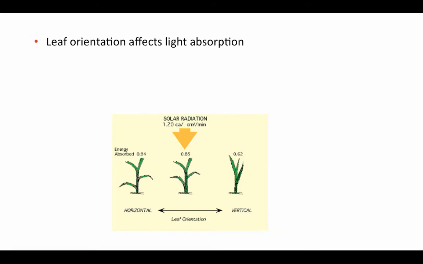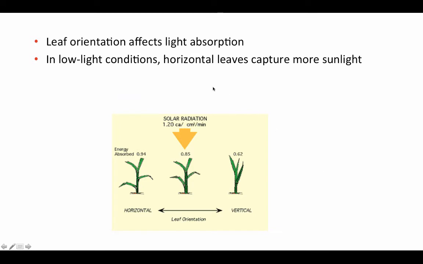The orientation of leaves also affects the extent to which they can capture photons. Remember, you're going to have maximum photon capture when the broad side of the leaf is facing directly toward the sun. You're getting the most direct photon hits in that way. In low light conditions, horizontal leaves that could be oriented directly toward the sun are going to capture more sunlight.